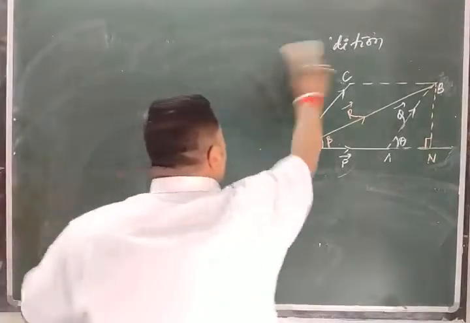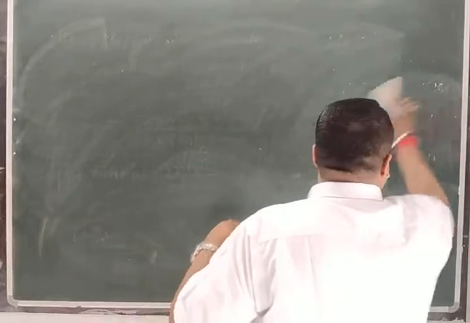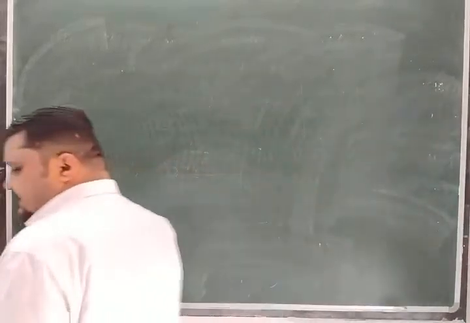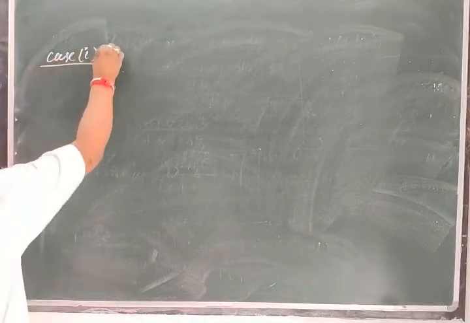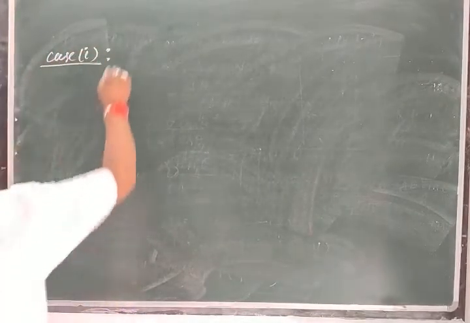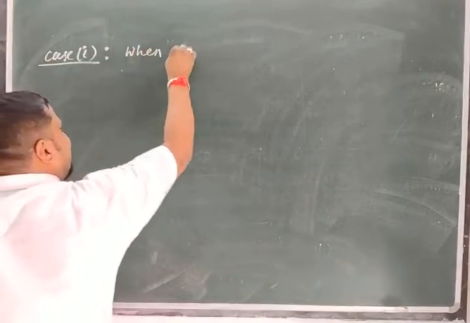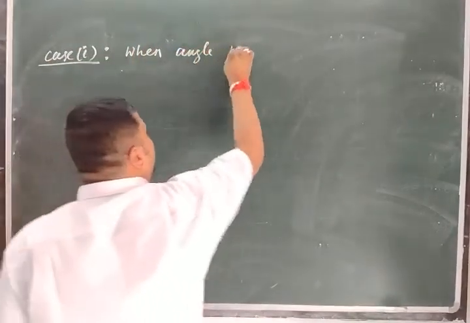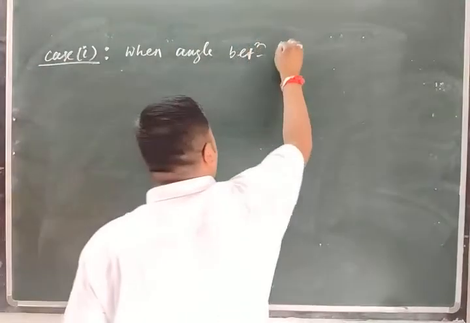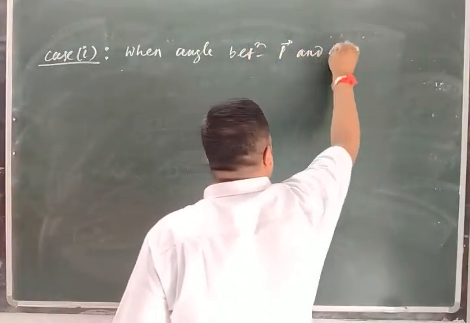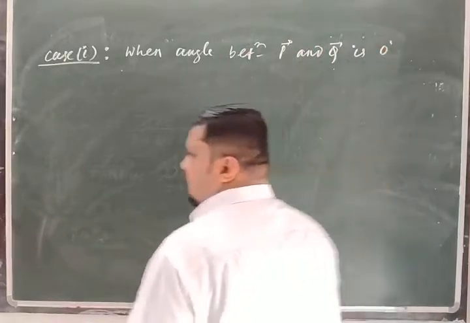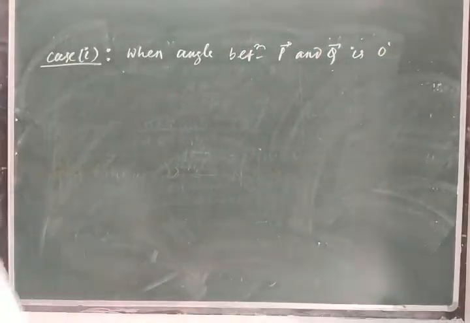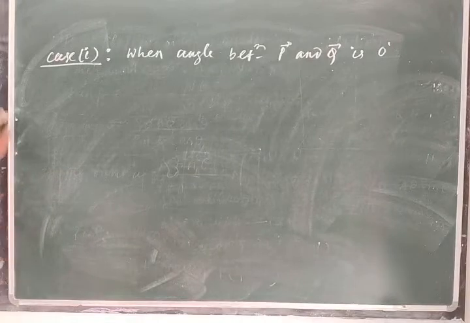So now we will go for case 1. Some special cases. So case 1: the angle between P and Q is 0 degree. When the angle between P and Q is 0 degree, what does it mean?